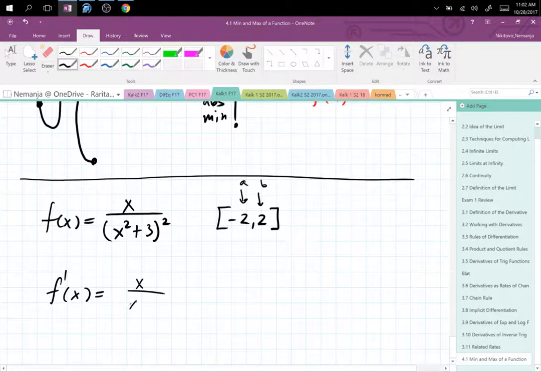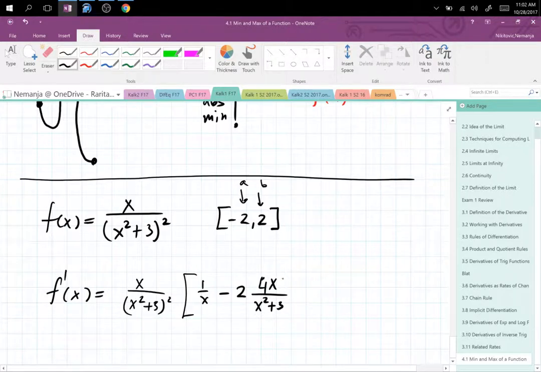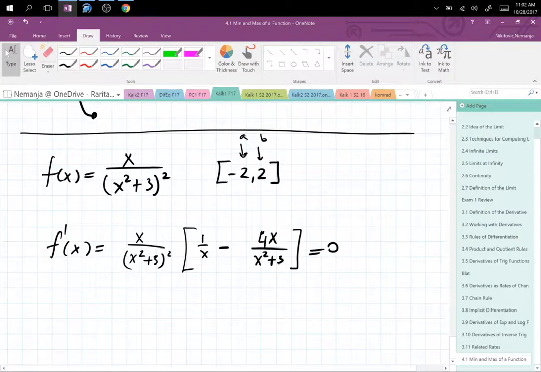So copy the problem as is. And then x, so it's 1 over x minus 2 times x squared plus 3, and that's going to be 4x. Delete this 2. There you go. Now we set this equal to 0.